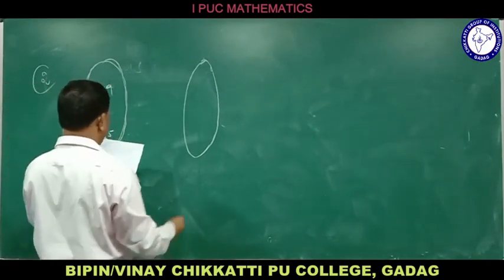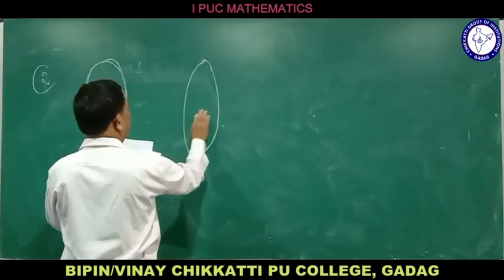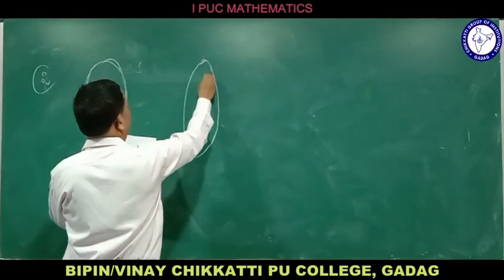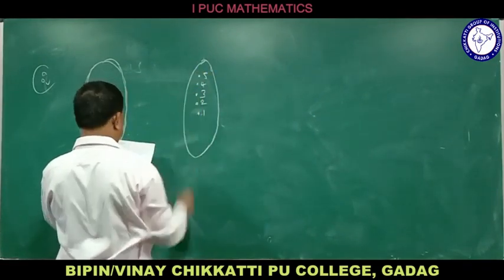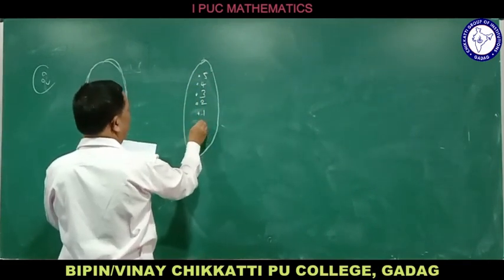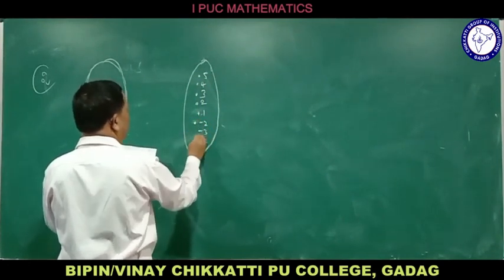And here is given 1, 2, 3, 4, 5. Look at this, 1, 2, 3, 4, 5. And similarly you can see minus 2, minus 3, minus 4, minus 5. Here also you can see this.